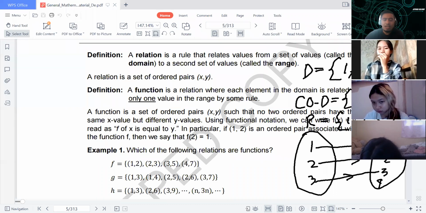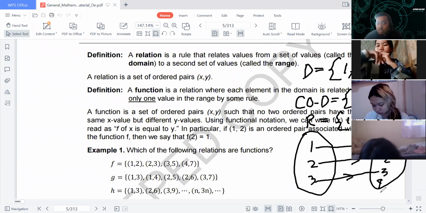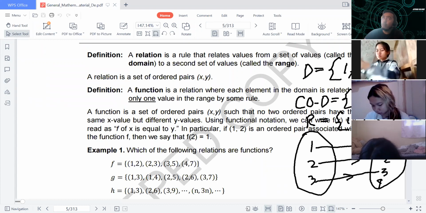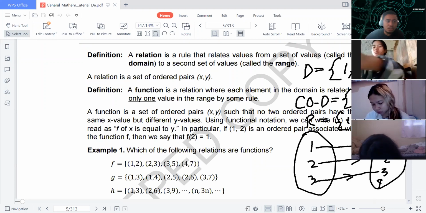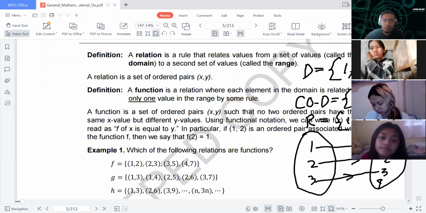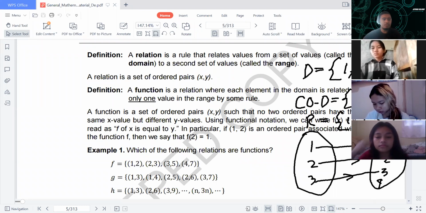Your destination is called the codomain. If you pick all elements of your destination, we call it the codomain. But only those values being used in your destination are called the range.